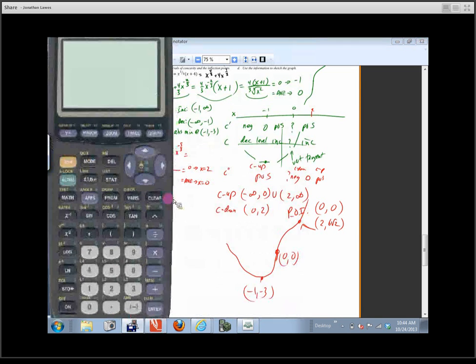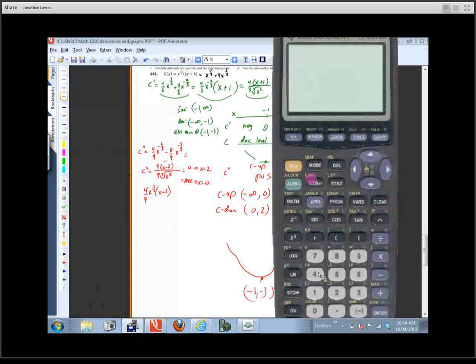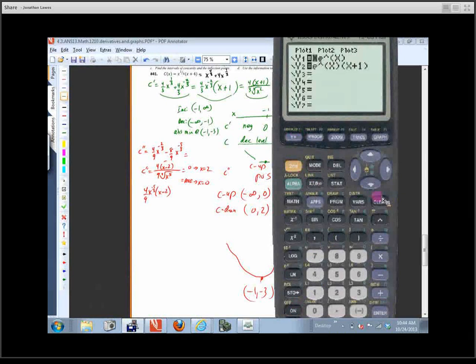Okay, we'll type this into the calculator and see if that works out. So let me clear that off. Go up here. So x raised to the 1 divided by 3 multiplied by x plus 4.